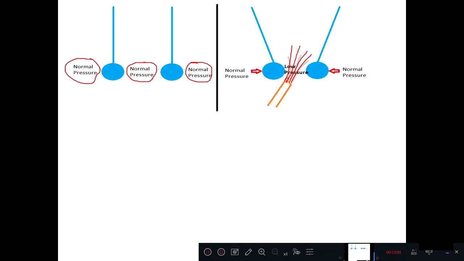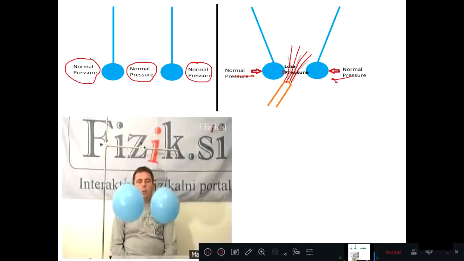So whenever a region of low pressure gets created in the middle, on the other side there is atmospheric air, and compared to this region the pressure is low, so the air will be pushing from this side as well as from this side. Hence these two balloons will come closer and closer. Just look at this picture here.